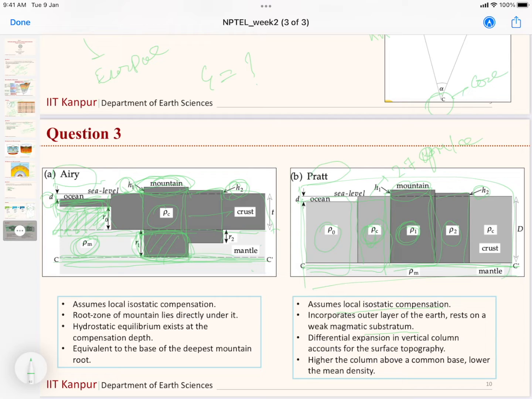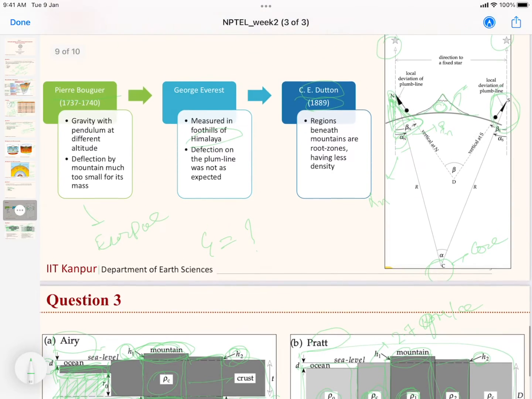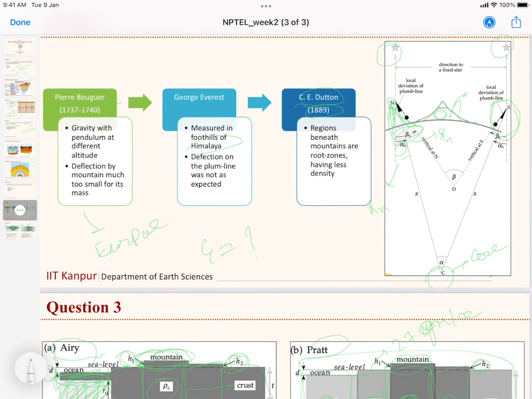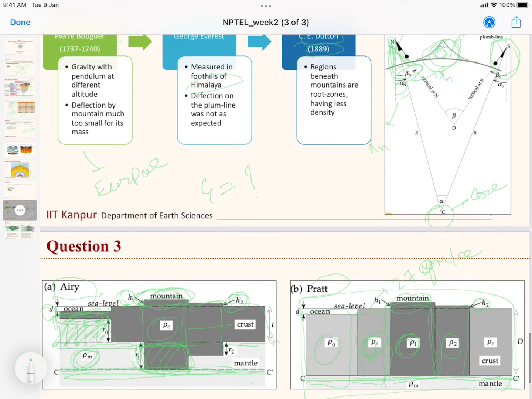That is also evident, and I have just explained. And the higher the column above the common base, the lower the mean density. So that was the phenomenon that we got from this experiment, that due to these mountain zones, we will get lesser density or lesser gravitational pull as compared to other places, because this consists of lower density materials.